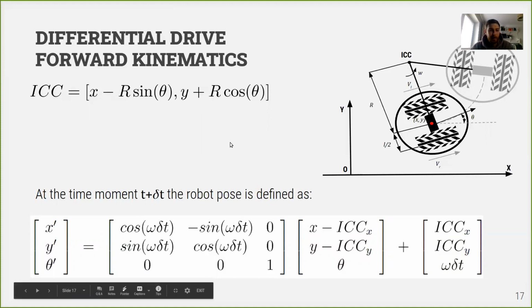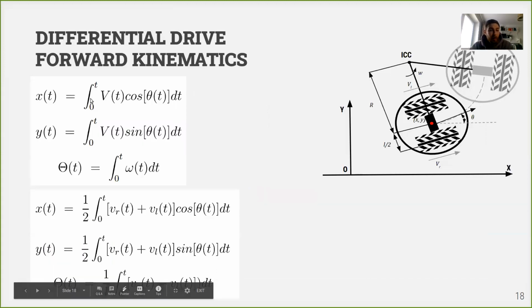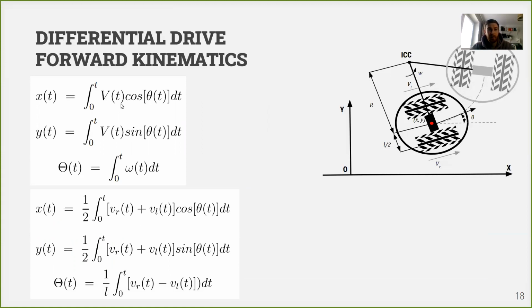So this is just a simple geometrical equation. Yeah, and we can also always answer the question where a robot is within some time interval, because we can integrate linear and angular speeds. And just by integrating, having a time increment, we can always answer where we ended up in our motion.